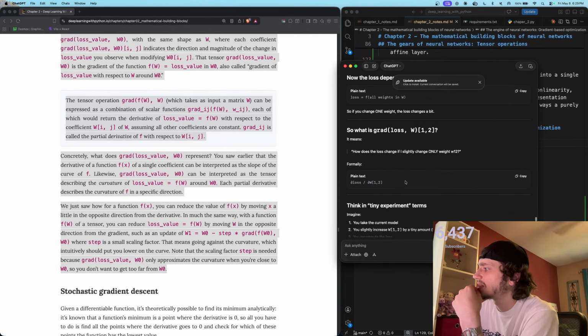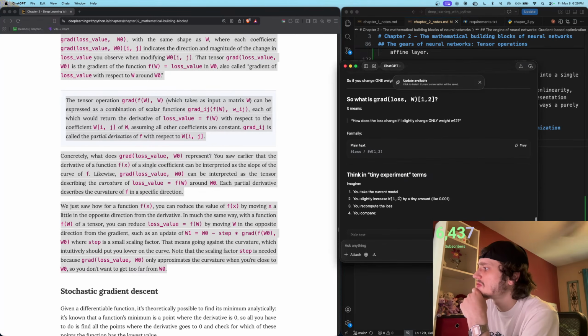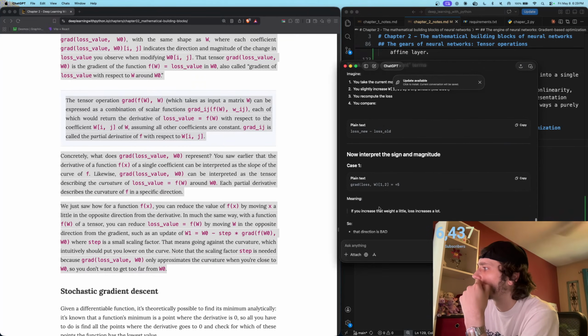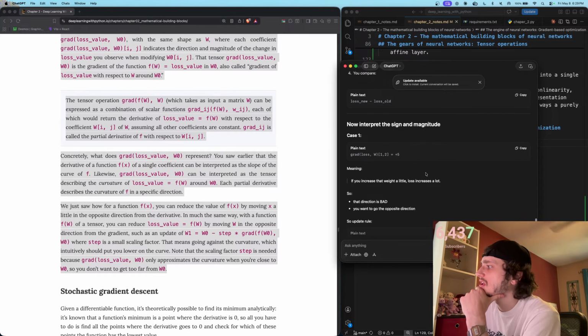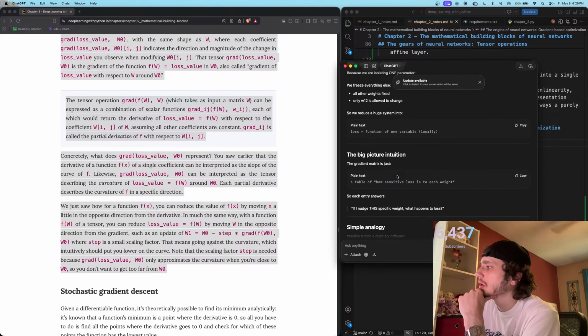Formally this, I think a tiny experiment helps: you take the current model, you slightly increase this individual weight by a tiny amount, you recompute the loss and you compare. Now interpret the sign and magnitude. So we compute the gradient and we get an increase of 5. So you increase the weight a little, and the loss increases by a lot. Okay.